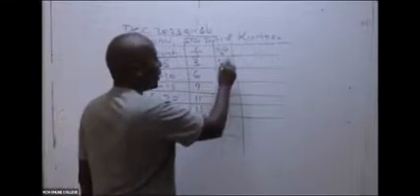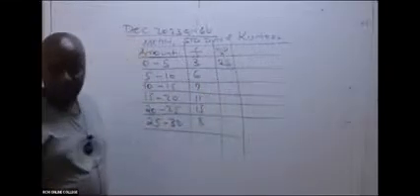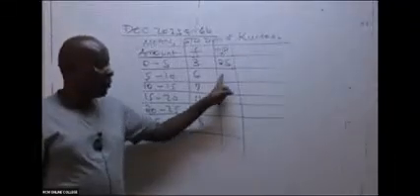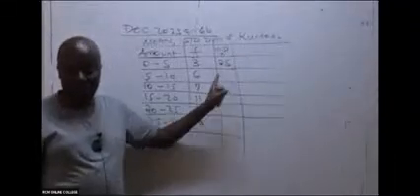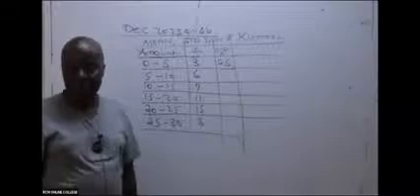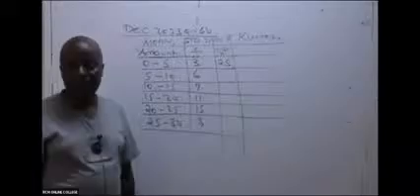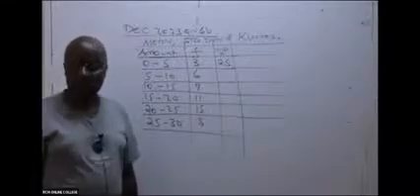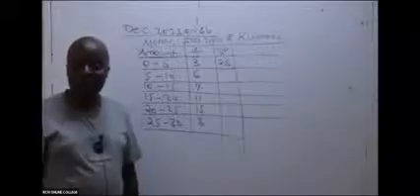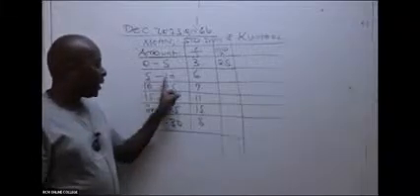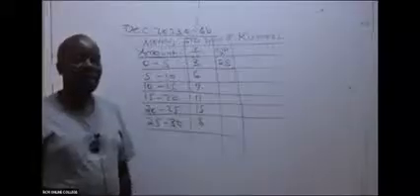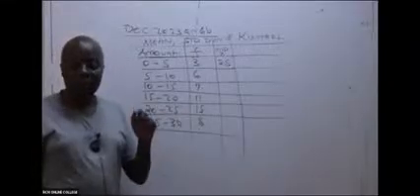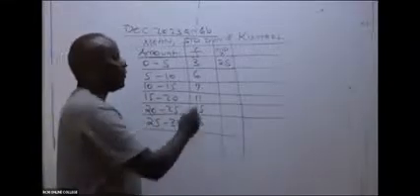Somebody give me answers, please. 2.5. Can somebody give me this midpoint here for the second class? I know the answer, but I would want to involve you. I want you to take 5 plus 10, 15. 15 divided by 2, I get 7.5.